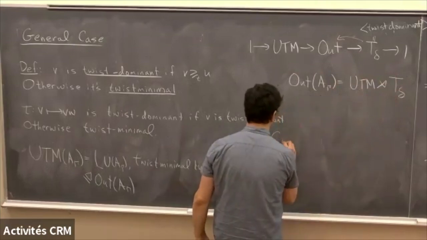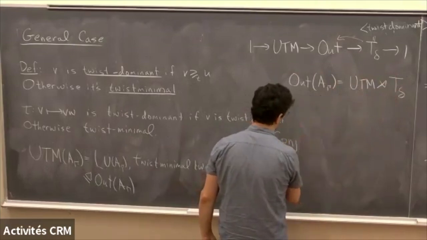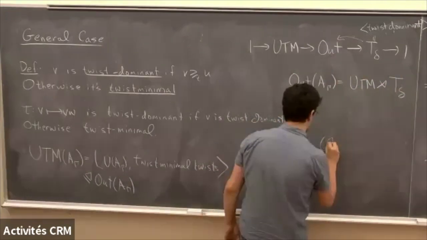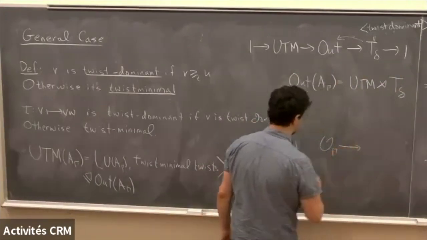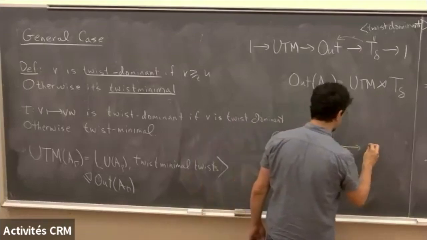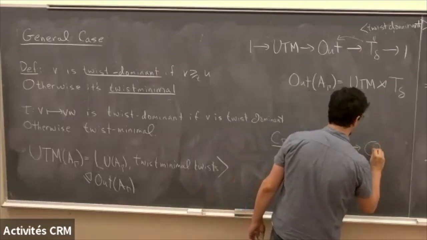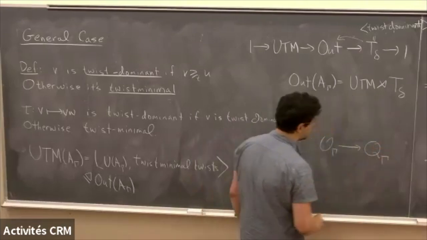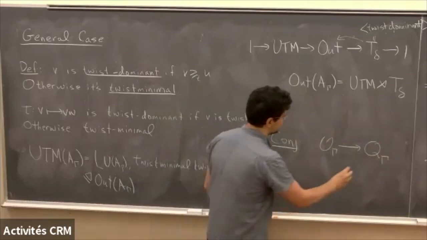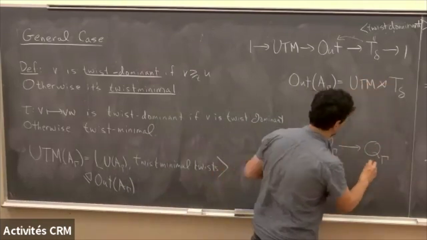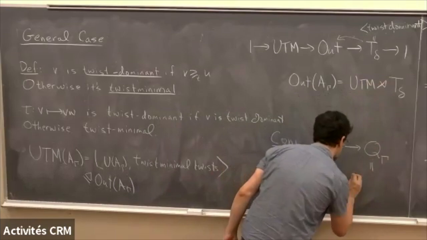And so we conjecture that there's a sort of map, a nice map, maybe a fibration from our outer space onto a homogeneous space, which I'll call Q gamma, which looks like something that classifies these things.